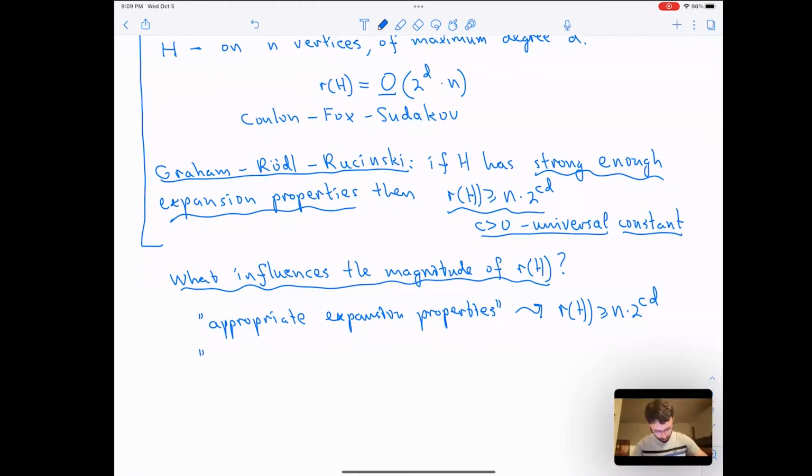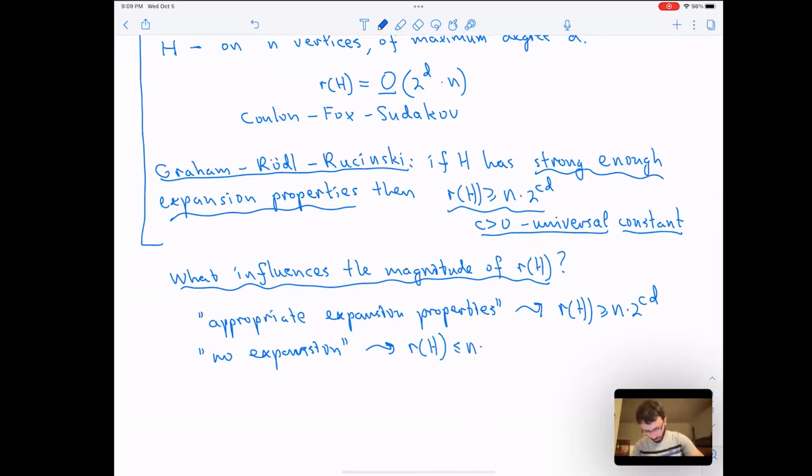And if we have no expansion, then we should expect something just maybe a little bit bigger than n. I can write it like n times 2 to the little o of D. What appropriate expansion properties and no expansion mean, of course, is not clear.